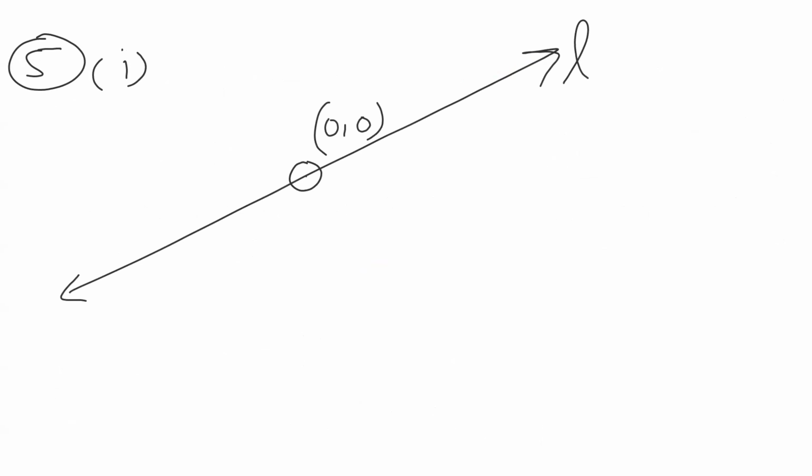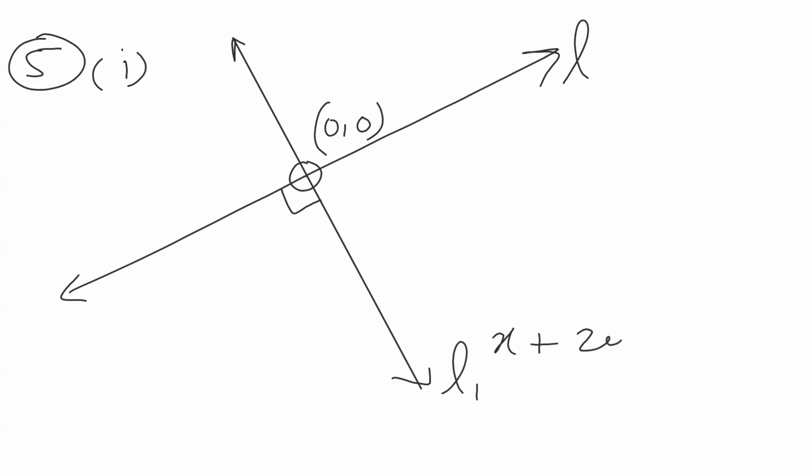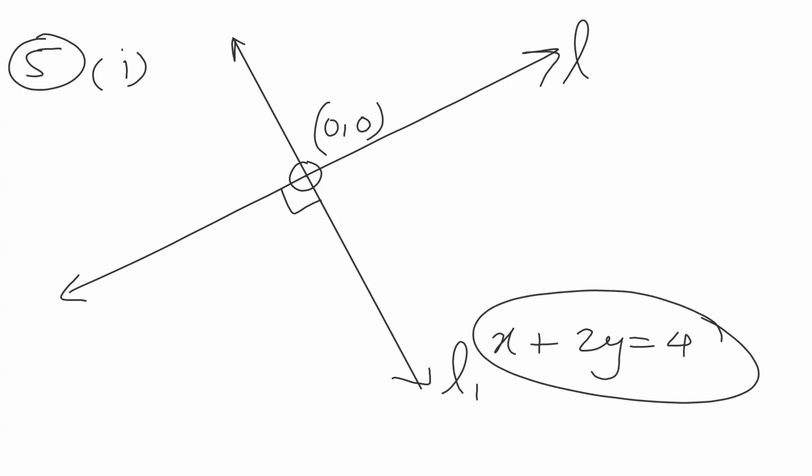So the other line is L1. Let's say line L is perpendicular to L1, right? Now the equation of L1 is given to us: x plus 2y is equal to 4, right?